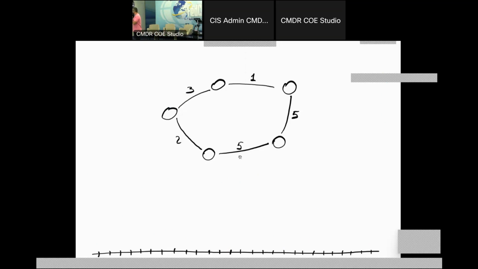Suppose we have a graph that represents an instance of the distance geometry problem in dimension 1. Vertices here represent points that need to be embedded in the one-dimensional space. In this case, it's this line that appears at the bottom of my slide.